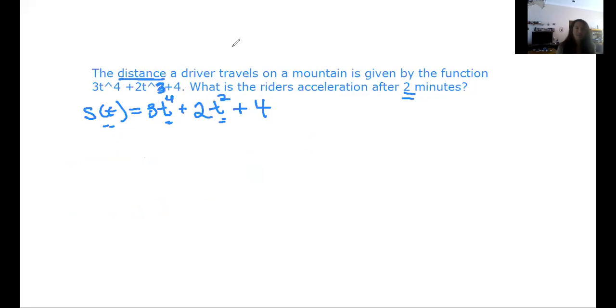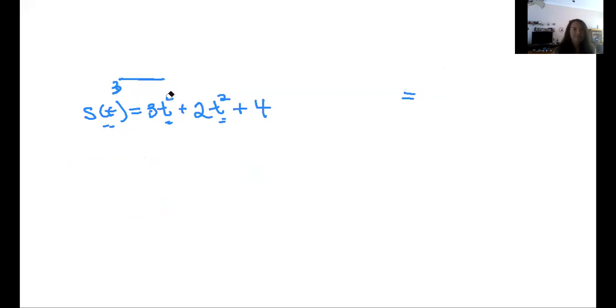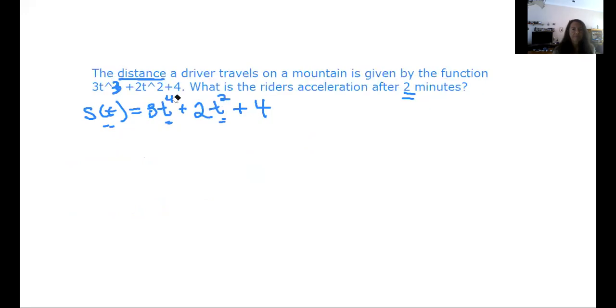So let's redo it. His function is really given by 3t to the third. What I did works, but it just doesn't make sense that anybody's going that fast, accelerating that fast. So I just want to redo it so it's more logical.